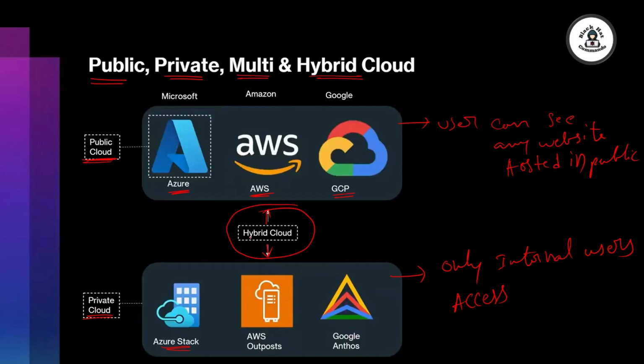And when it comes to multi-cloud, a company is using Microsoft Azure as well as AWS. That combination is called multi-cloud. So they use both services at a time for their particular service-related or product-related activities. This is how the cloud has been described in 4 types.